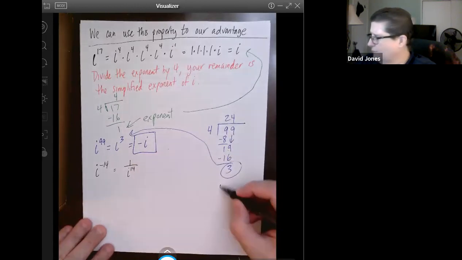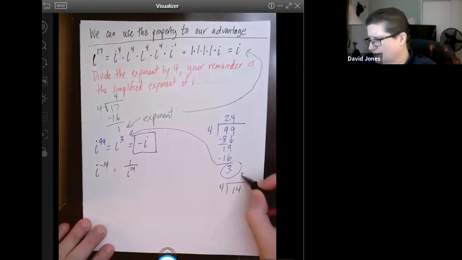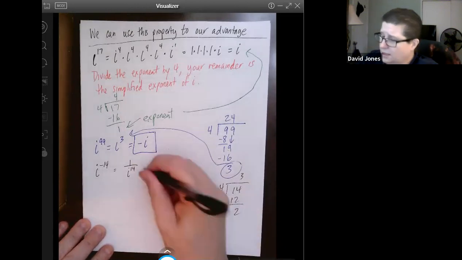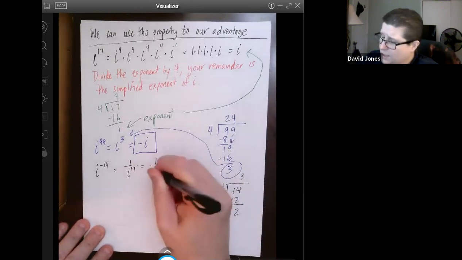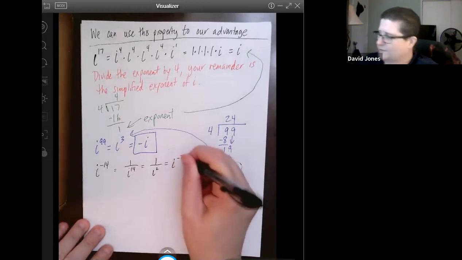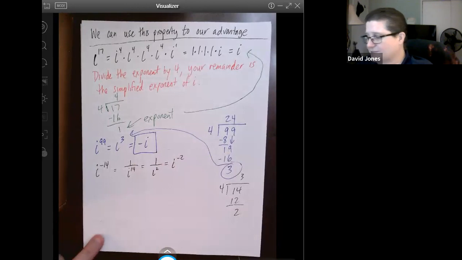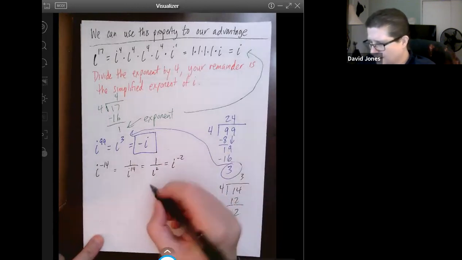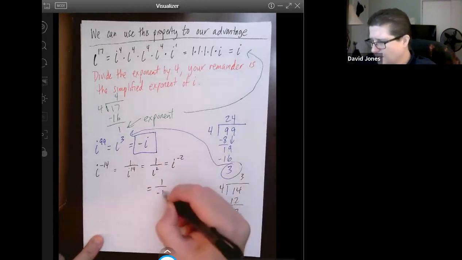Do the same thing, 4 into 14 goes in 3 times. 3 times 4 is 12. We subtract, I get 2. This is 1 over i squared, which is like i to the negative 2, but I wouldn't leave it as i to the negative 2. i squared is just negative 1. So 1 over negative 1 is negative 1.